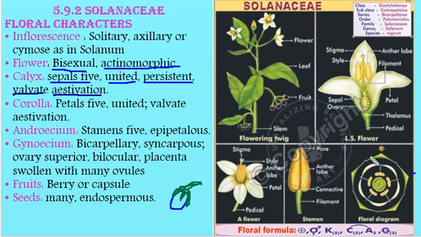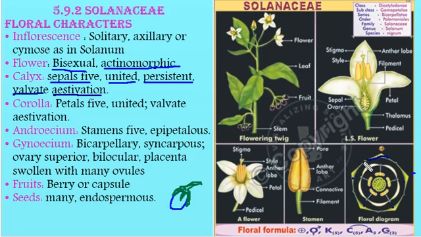You look at this, this is the floral diagram of the plant called Solanum nigrum. Later I will tell you which plant this is. Here this is the calyx, the estivation of the calyx is shown here. Here you can see this is one sepal, this is second, third, fourth and fifth.